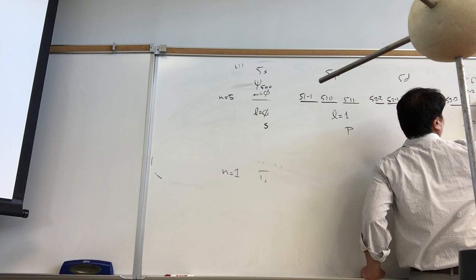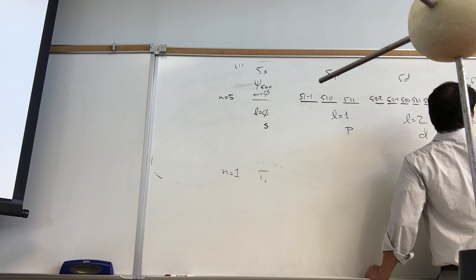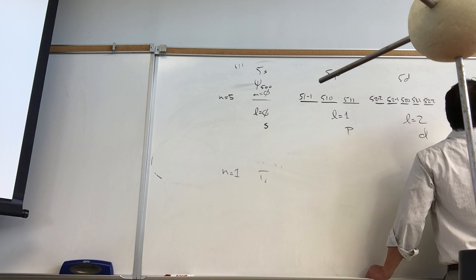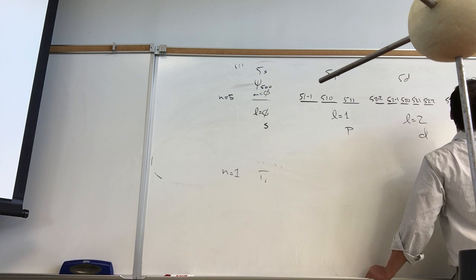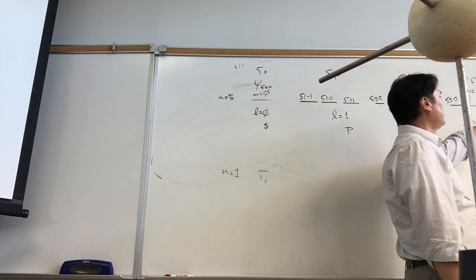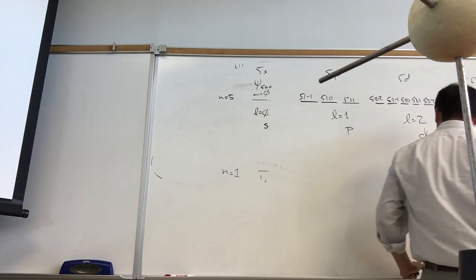And then 5, 3, minus 1. And then 5, 3, 0. And then 5, 3, 1. 5, 3, 2. And 5, 3, 3. And so that's 1, 2, 3, 4, 5, 6, 7 orbitals. And so the 5f has 7 orbitals.